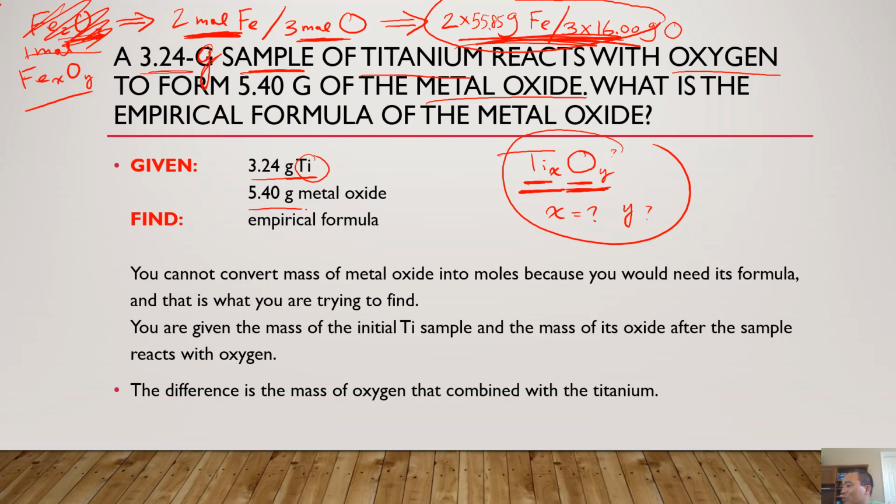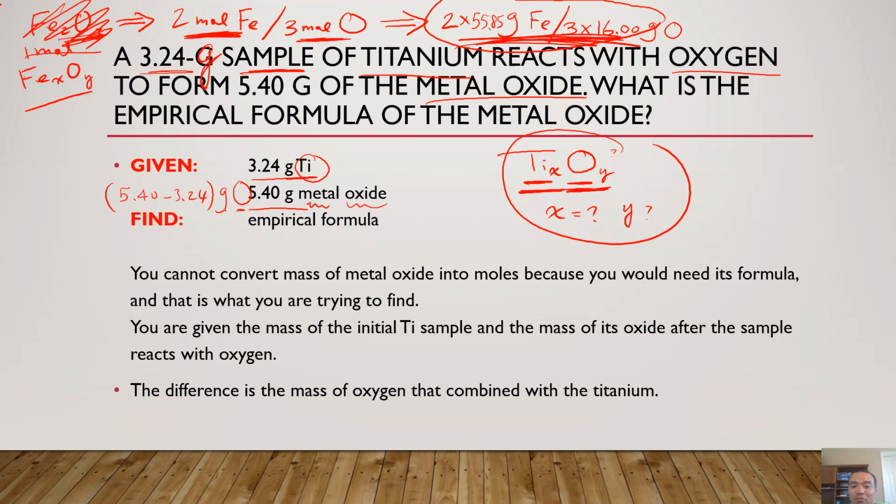So the total metal plus oxygen is 5.40. So for oxygen, it would be 5.40 minus 3.24. This gives you grams. Again, it's O, because we need to find out the Ti, titanium, to O ratio, not O2 ratio. Okay, so that's the first step.